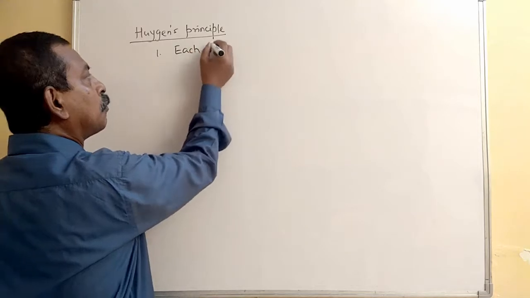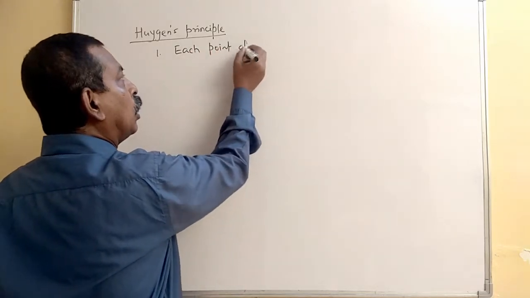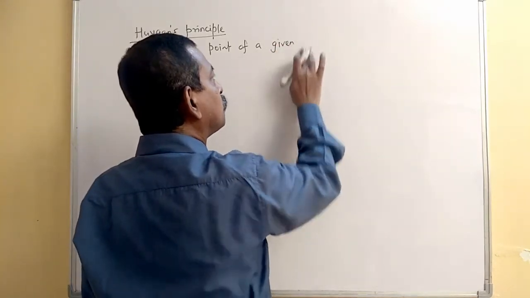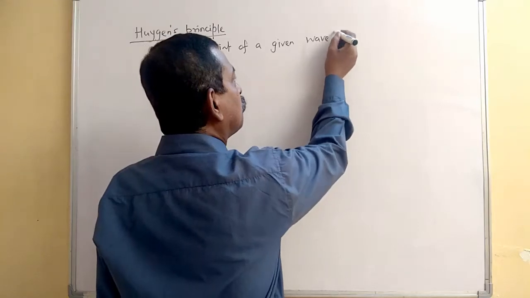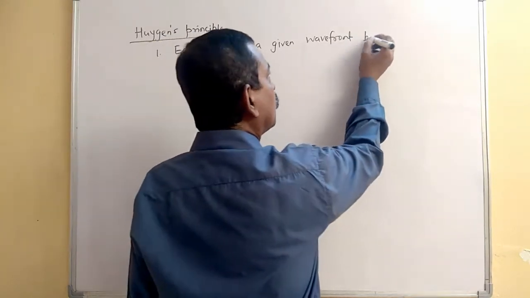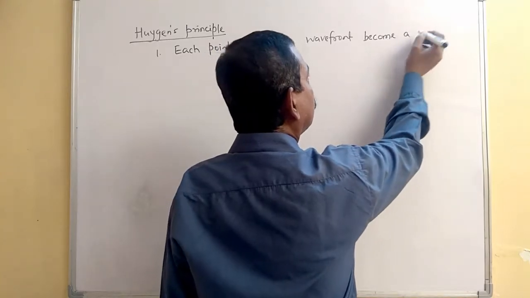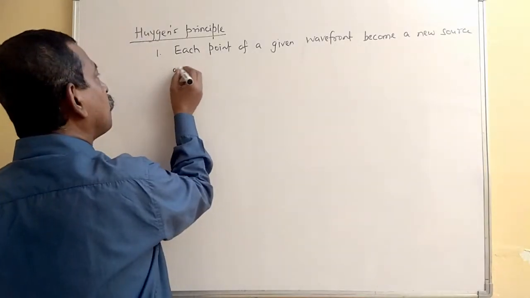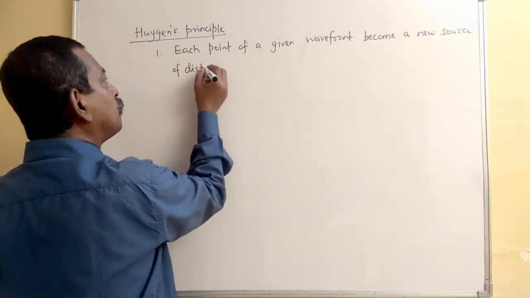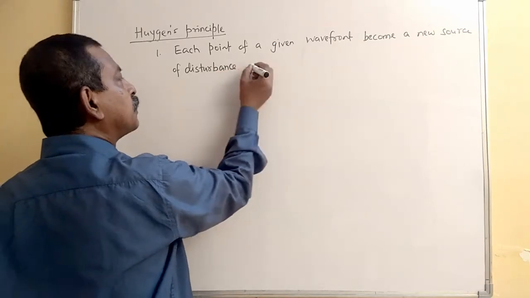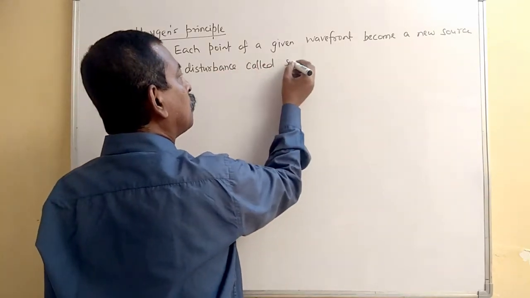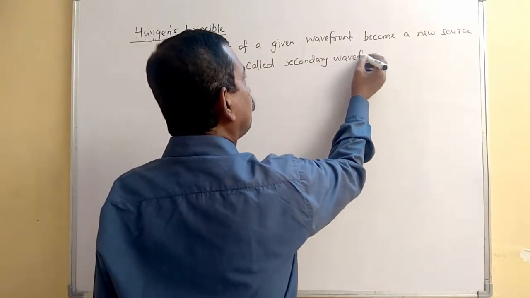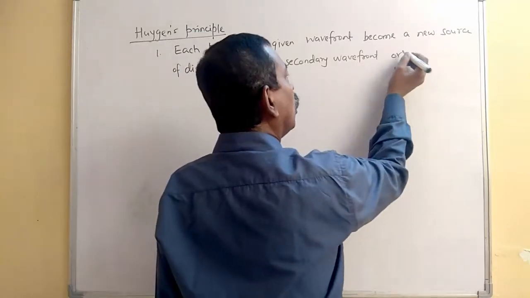So the first one is: each point of a given wavefront becomes a new source of disturbance called secondary wavefront or wavelets.